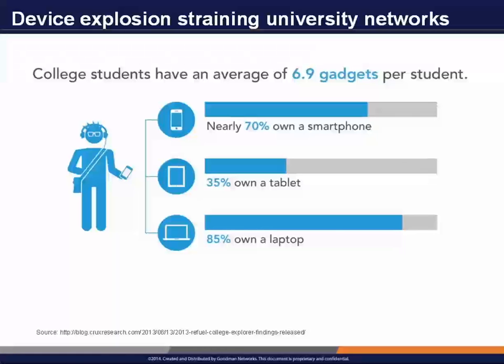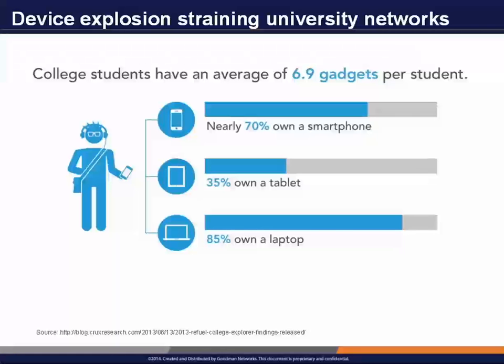Touching on the demand on data, I saw an interesting slide the other day. College students have an average of 6.9 gadgets per student. Seemed like a huge number. 70% of them own a smartphone, 35% own a tablet, 85% own a laptop. I was recently at an exposition, and the hot thing there was wearable devices.